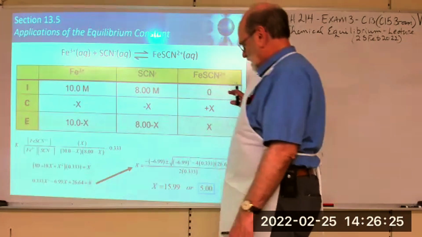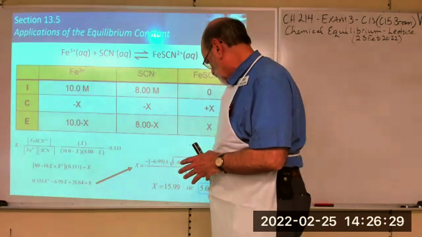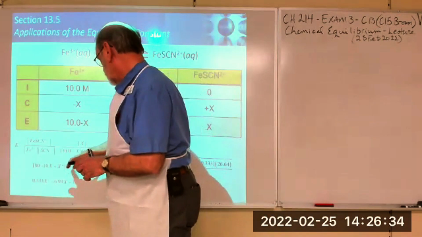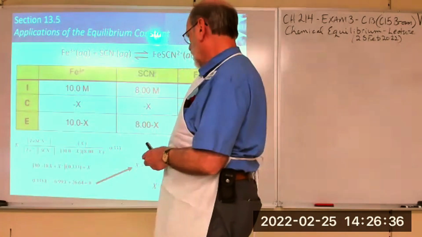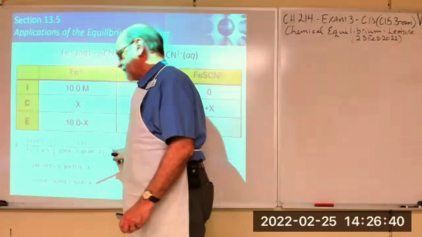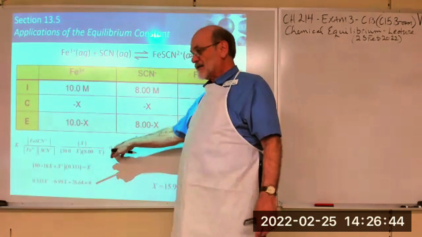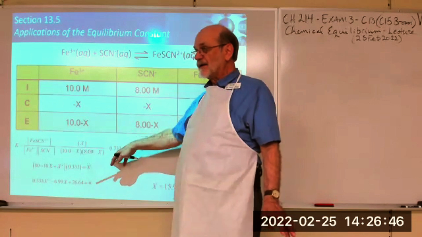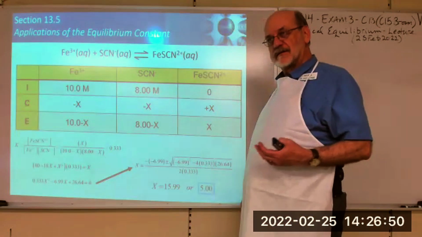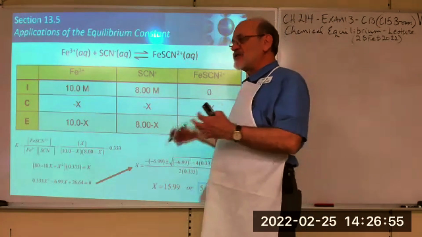Okay. So in this case, since this value, here it is. Our equilibrium constant is 0.333, isn't it? Since this value is too close to 1, then we can't use the estimation type.